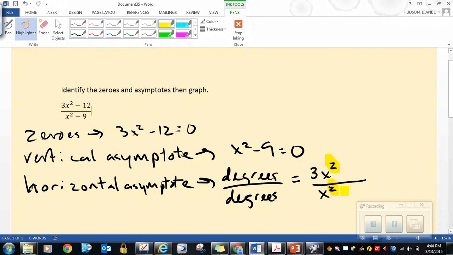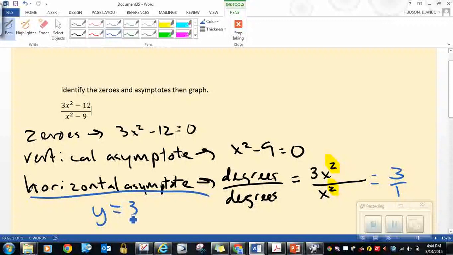When the degrees are the same, your horizontal asymptote is the ratio of the leading coefficients, or 3 over 1. So I have a horizontal asymptote at the value y equals 3.